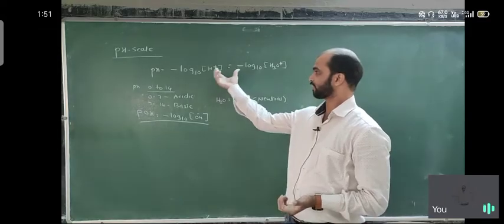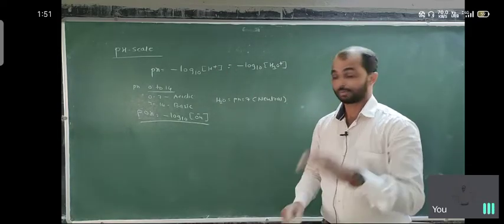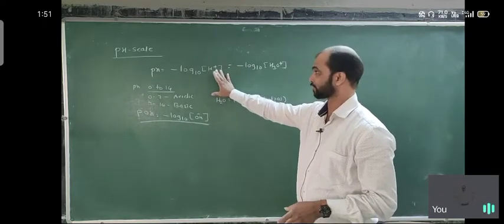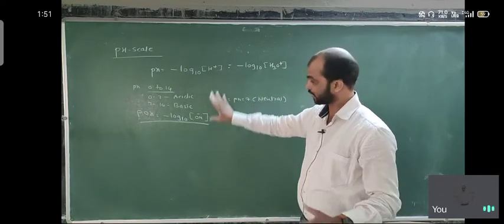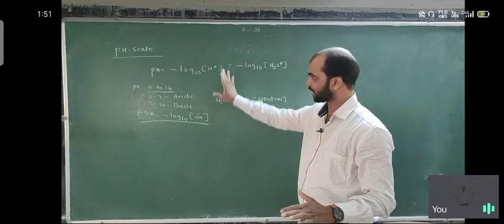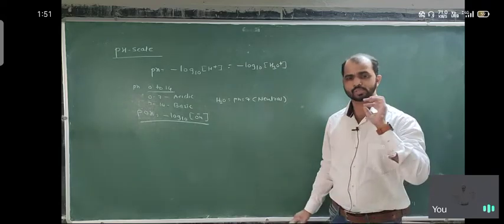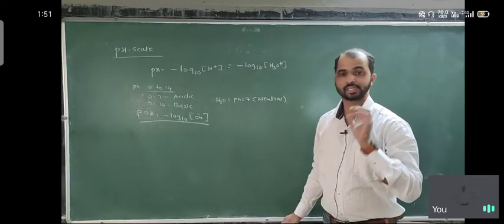If it is acidic, we calculate the H plus ion concentration, but for bases we can also use the same equation, because if the concentration of H plus is measured, we can find the pH of the solution, whether it is acidic, basic, or neutral.